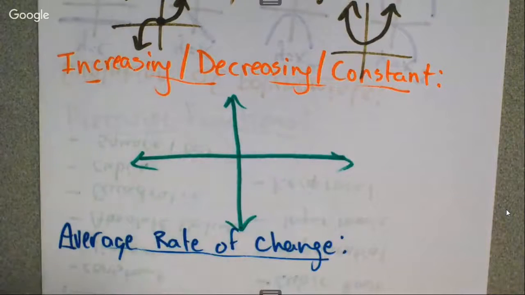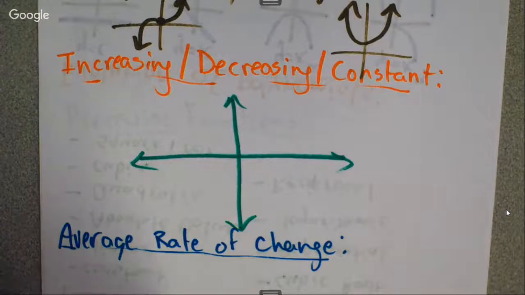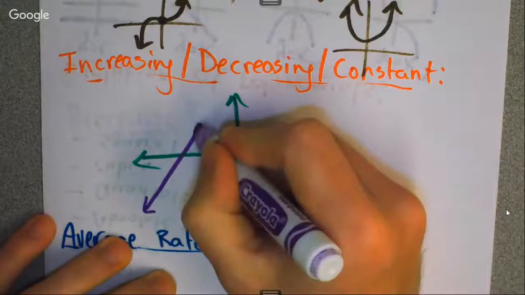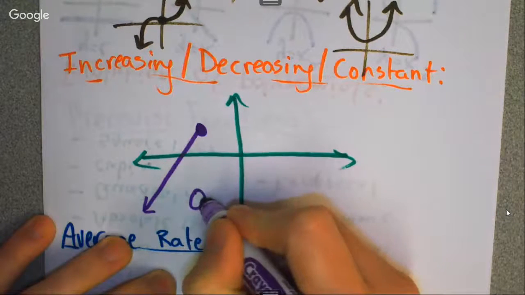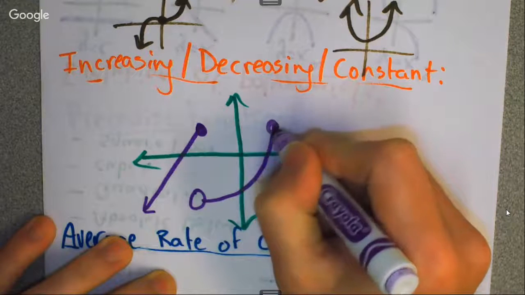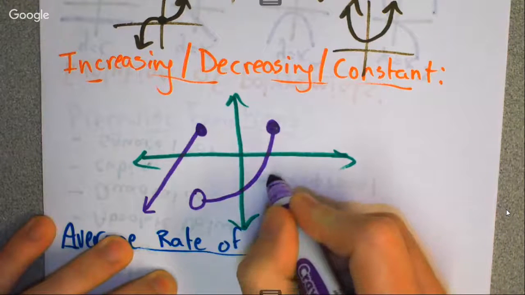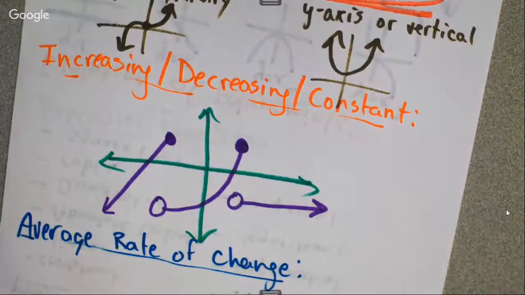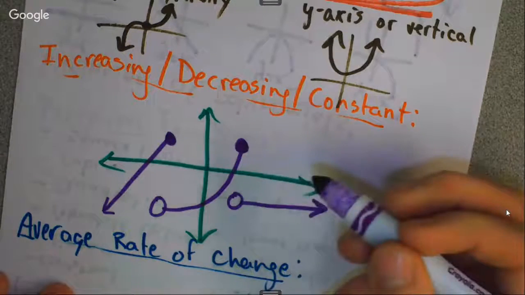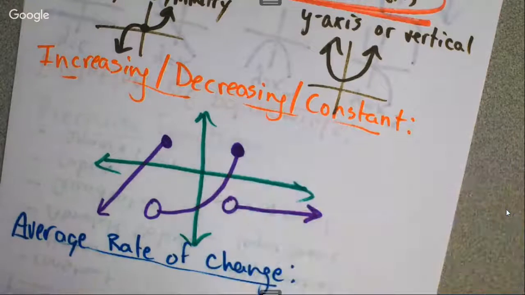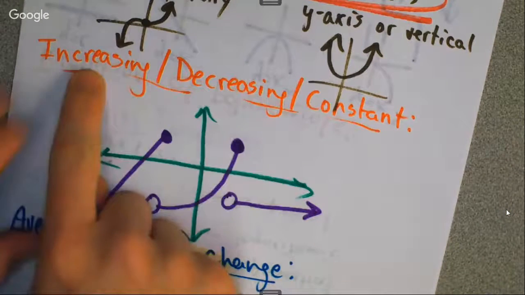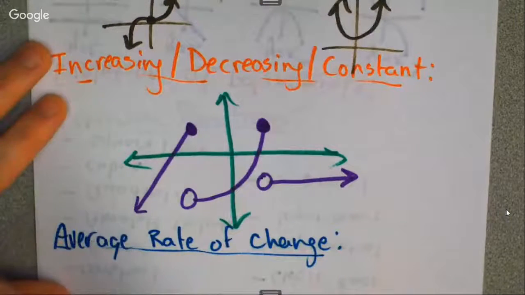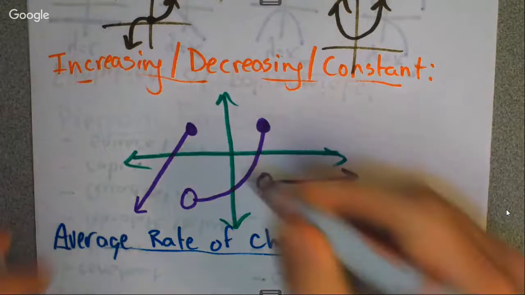So if I draw a graph here, let's say, okay, so increasing, we read the graph left to right, and I'm trying to figure out where this graph is increasing. Okay, let me add some numbers.